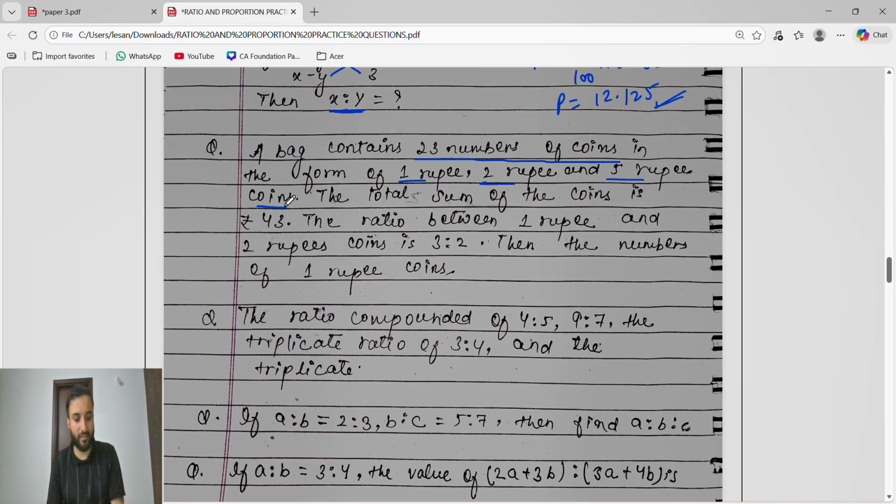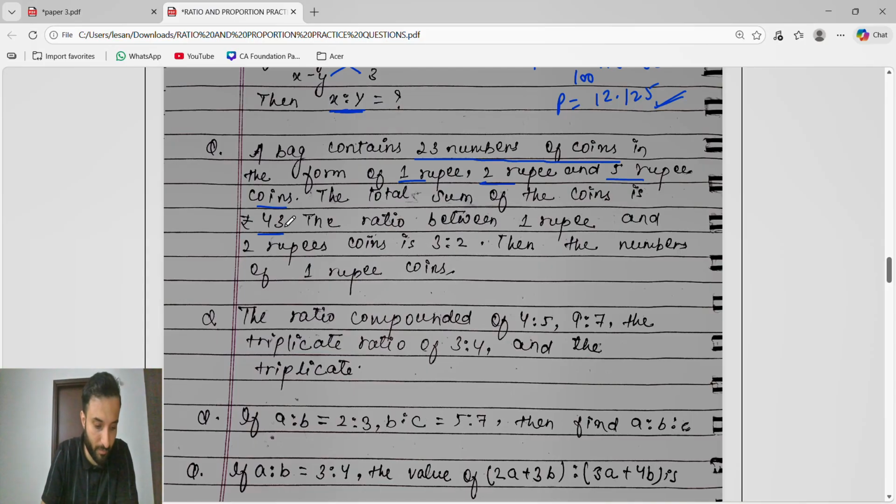In the bag we have a total of 23 coins, consisting of 1 rupee coins, 2 rupee coins and 5 rupee coins. The total sum of the coins is 43 rupees. If you take out all the 23 coins and count them, you will see the total sum is 43 rupees.